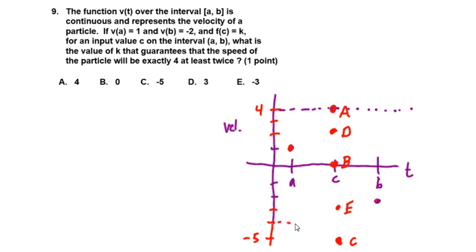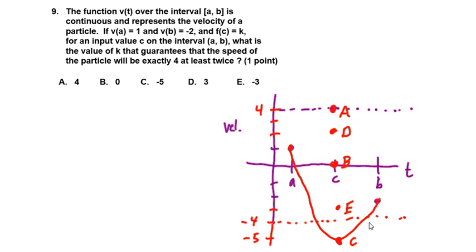But here's the concept. If we go down here, the intermediate value theorem says that if k is the value of c, we have to go through this value of -4, touching at least twice.